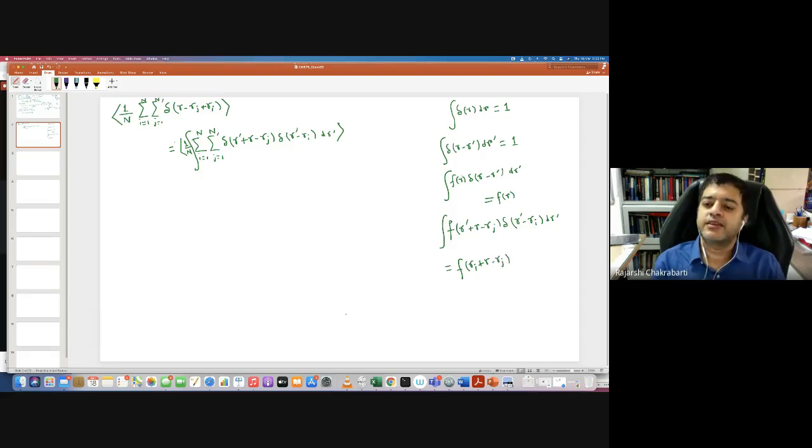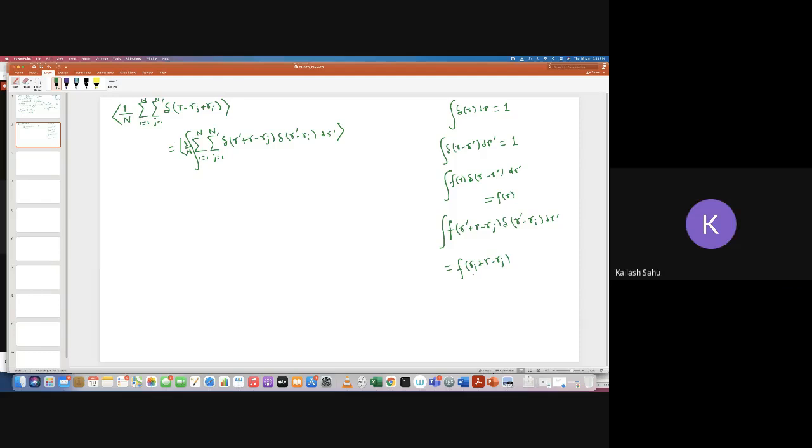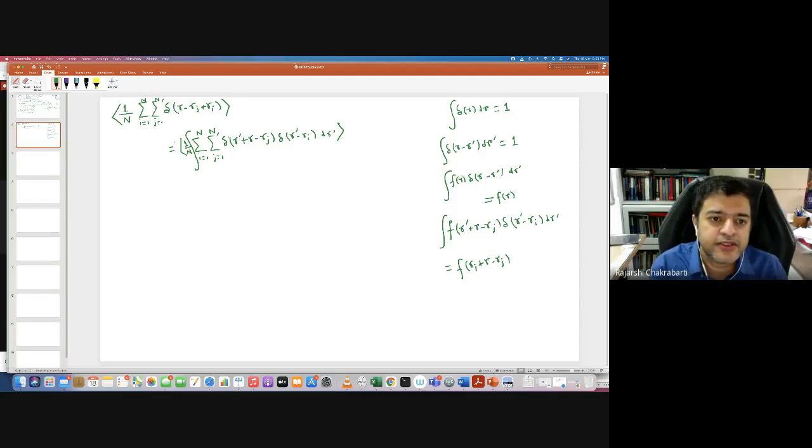Can you see that? What is this f? f is your delta function here. Let me write it down if you don't understand. This is some function of r prime plus r minus rj, and this is your delta function.